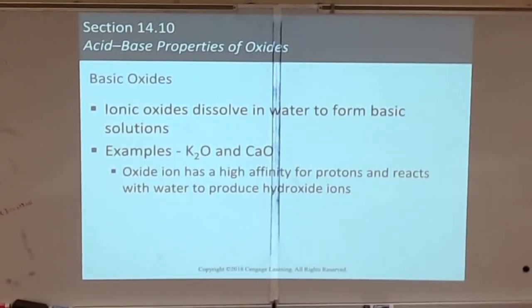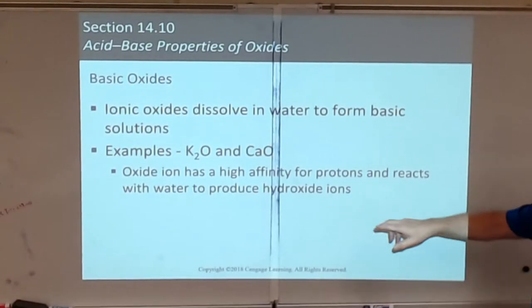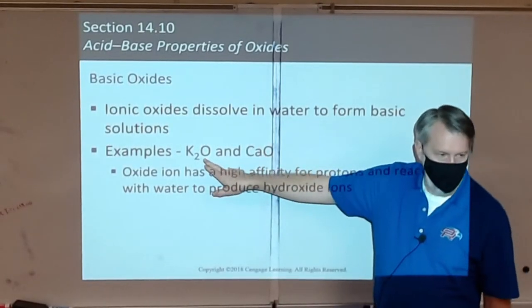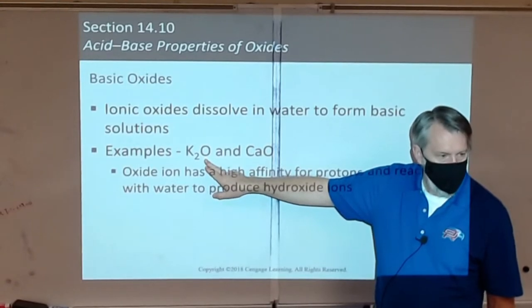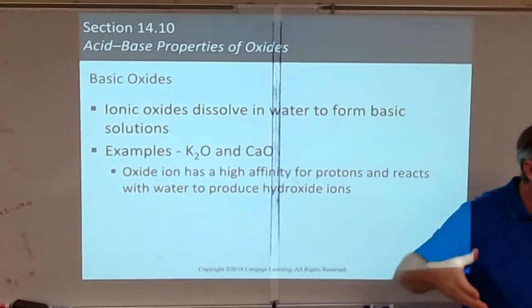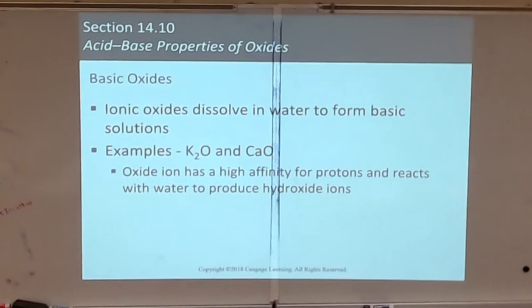Is that making sense? If this guy splits up and I drop that in water, I'm going to have hydroxide ions because the oxide by itself isn't happy. It's going to snag one of those available hydrogen ions. And now I have hydroxide left over because I've lowered the available concentration of hydrogen ions.